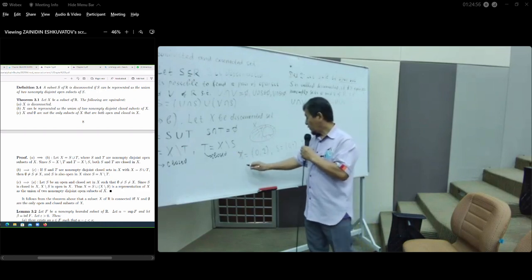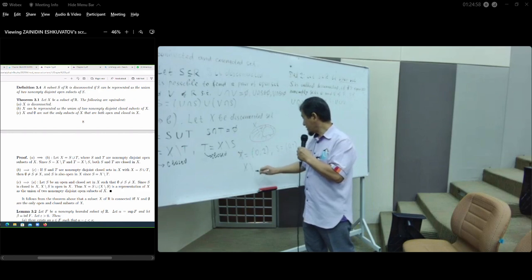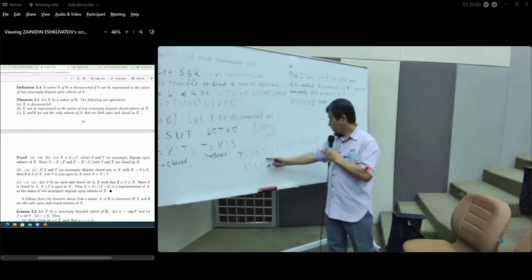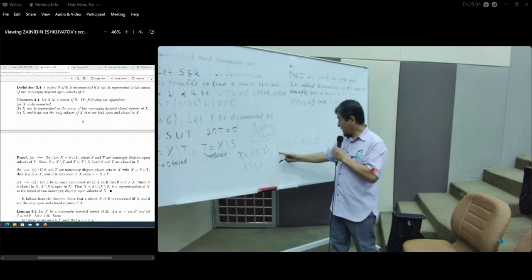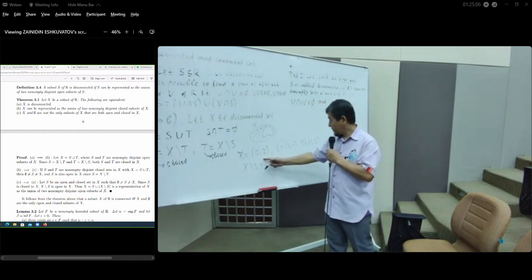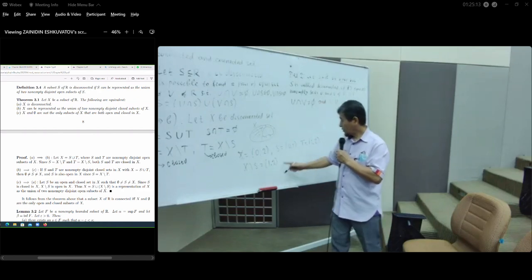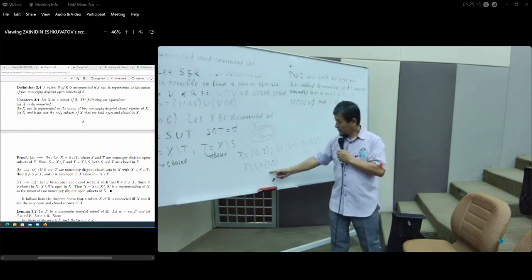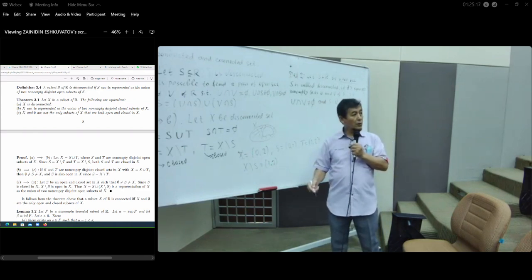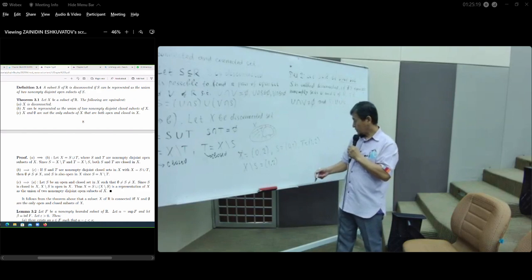Now, if I'm subtracting from X, what does it mean? I'm subtracting all this interval from here. So it means 1 to 2 is left. You see, it is not open, not closed.